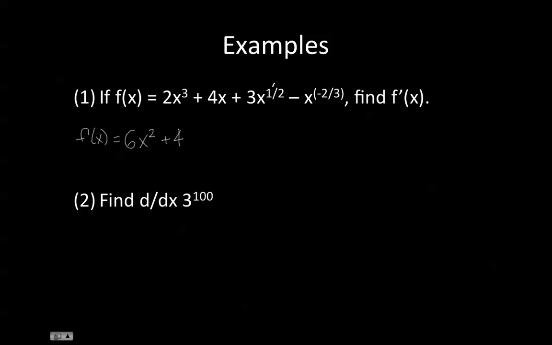So 3 times the power, 3 halves, times x, 1/2 minus 1 is negative 1/2. And then over here we have negative 1 times the exponent, so negative 1 times negative 2/3 is positive 2/3, times x, negative 2/3 minus 1 is negative 5/3.